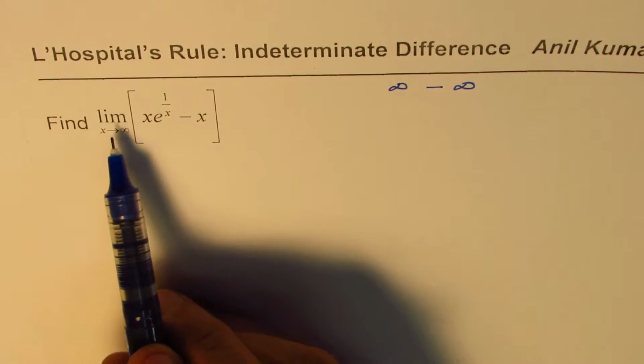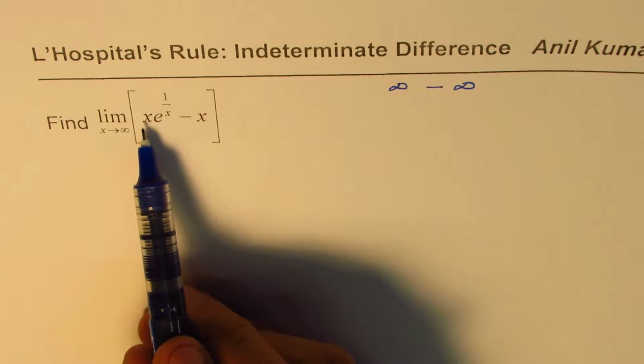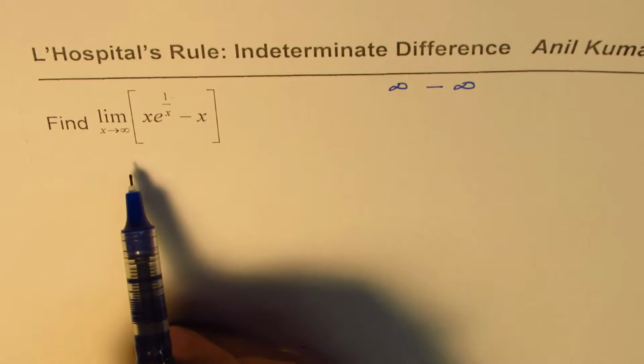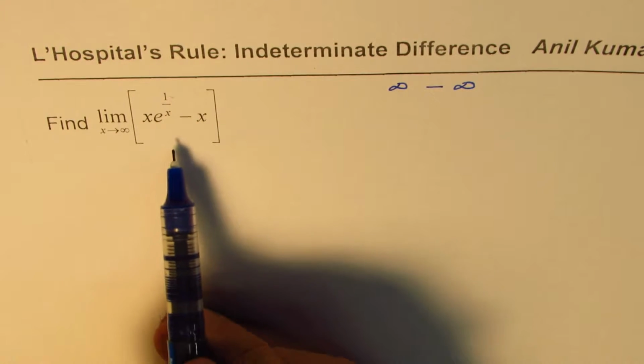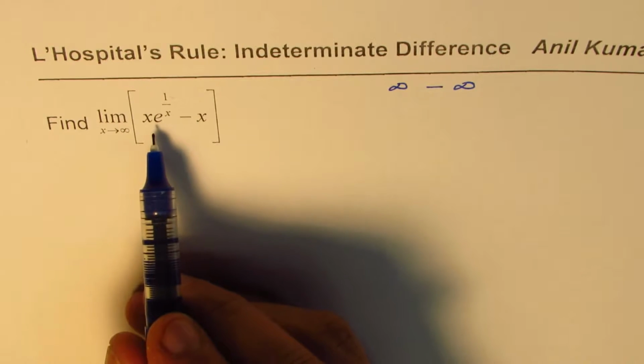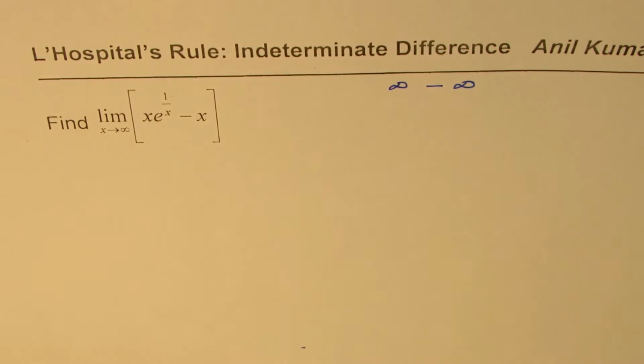The question here is, find the limit as x approaches infinity of x e to the power of 1 over x minus x. Let's first see whether it is an indeterminate form or not.